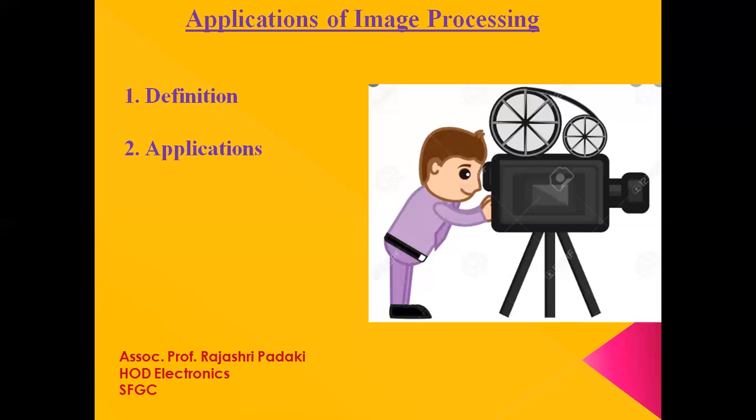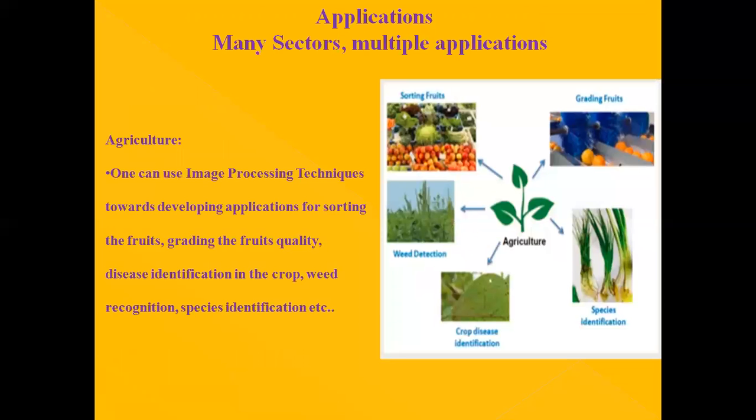Technically, this is known as image acquisition, and the camera is called the image sensor. The picture is called the image. The image contains information. Extracting the information from the image and processing it further for specific applications is called image processing. Now let us see some of the applications in the field of image processing.